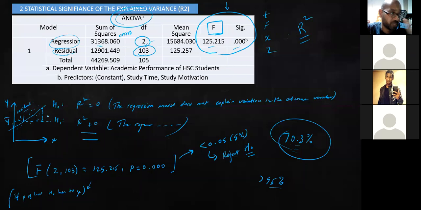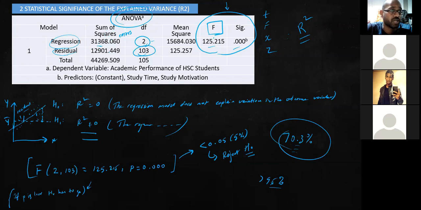But here we're looking at the predicted value and the mean value. And then for residual, we're looking at the predicted value and the actual values. So that's where you see we have a sum of squares for regression and residual here.